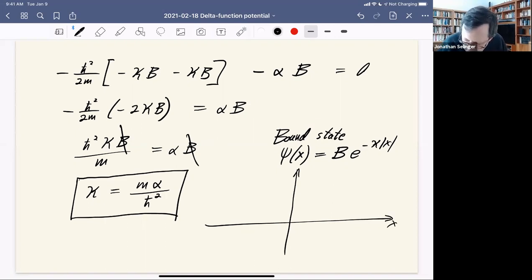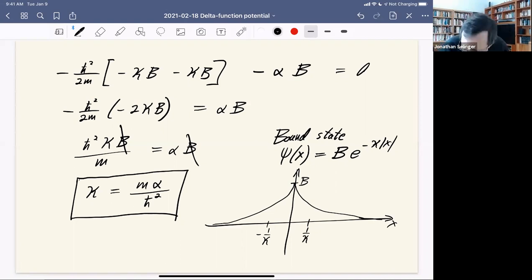The plot of this looks like this. ψ of x as a function of x starts at b, and it decreases exponentially as we go away from the origin, right? And so if we go out a distance of 1 over κ or negative 1 over κ, then the function is down by a factor of 1 over e compared to where it starts.